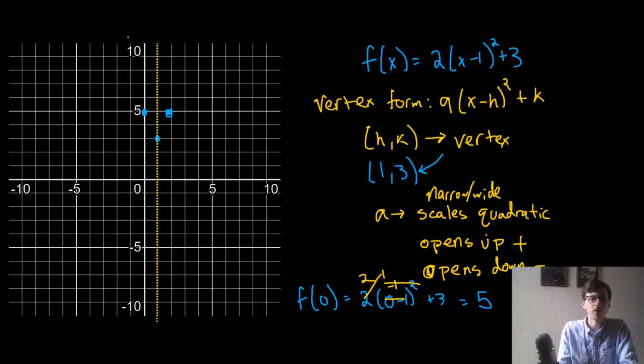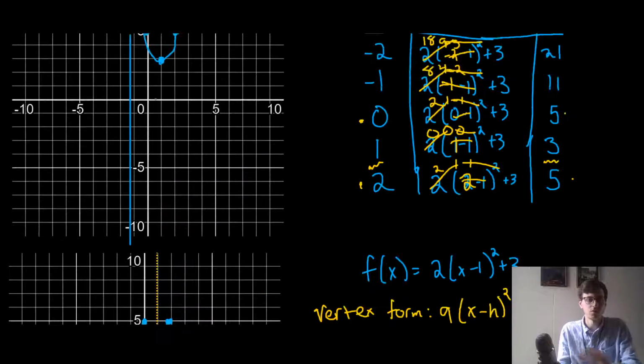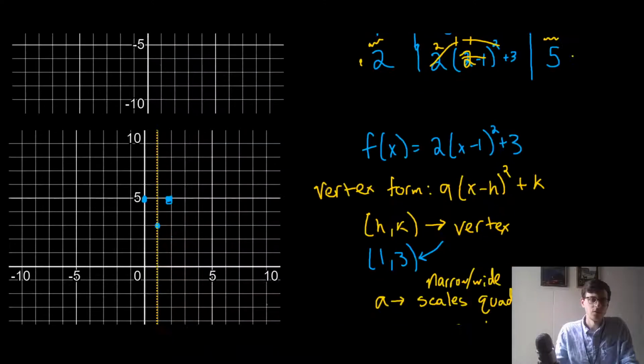Now remember, we had that other point that was up here at (−1, 11). You could also reflect that. Go 1, 2, 1, 2. Right? And that will work every time. Man, it is so hard to draw a parabola. It's the little things, you know? Okay, that's close enough.